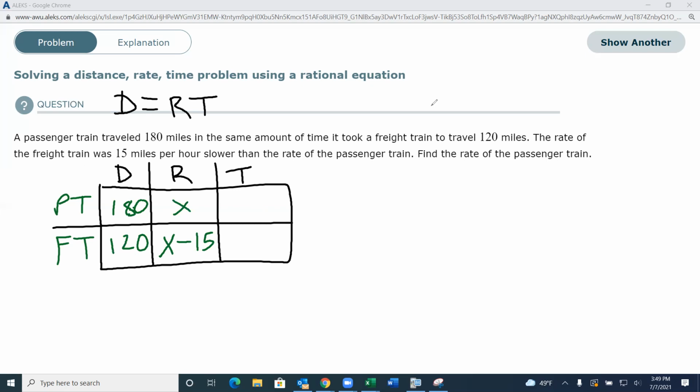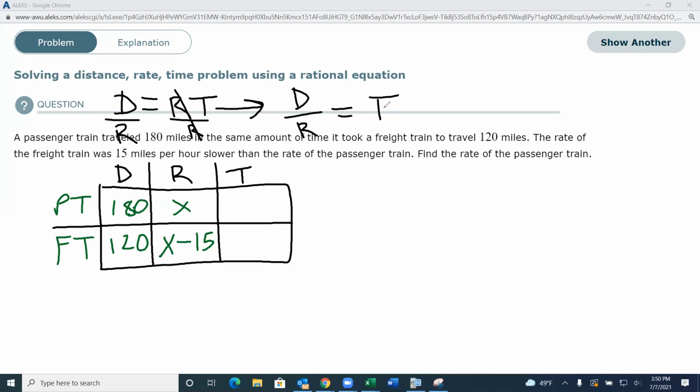All right. Now, what about the times? Well, we could just leave the question marks there and then solve this using substitution method or elimination method. But let's just solve for t. If I divide by r on both sides of that equation, I get distance over rate equals time.